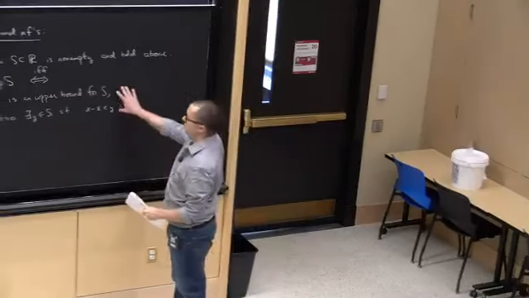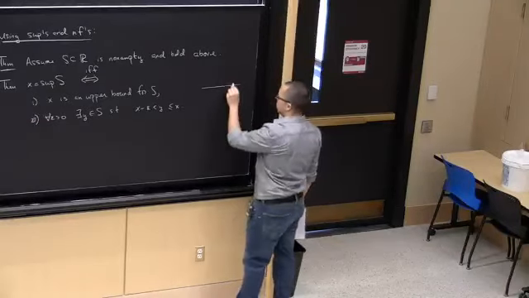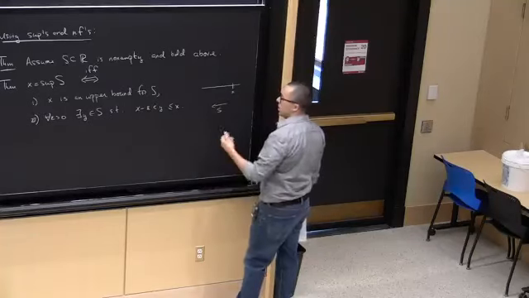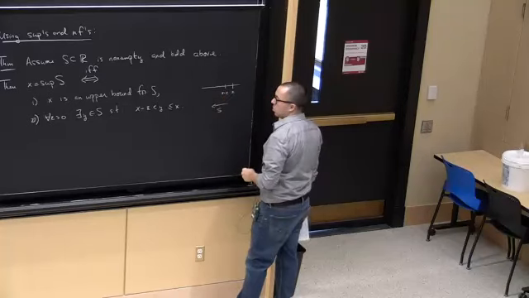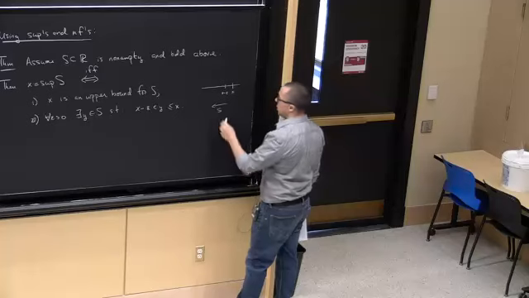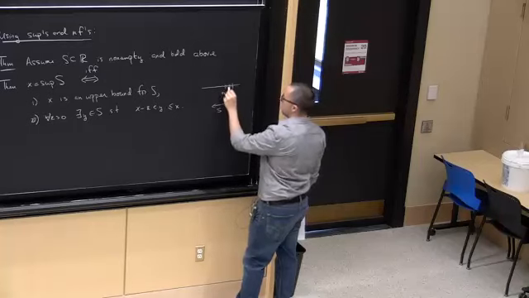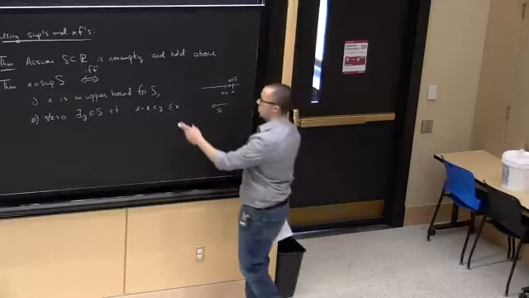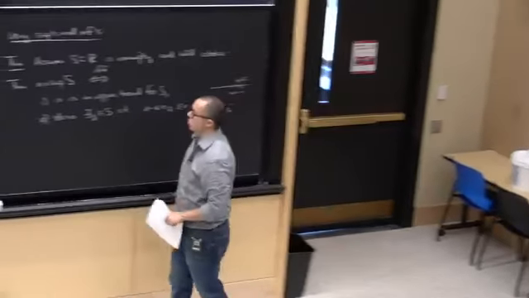So why should this be the case? Well, if S is all over here to the left of x, and if I take something smaller, I'm actually giving you a picture proof of one direction. If I take something smaller, x minus epsilon, then this cannot be an upper bound for S. So there must exist some y in S bigger than x minus epsilon, and it's less than or equal to x because x is an upper bound for S. So in fact, this picture is a proof of this direction.